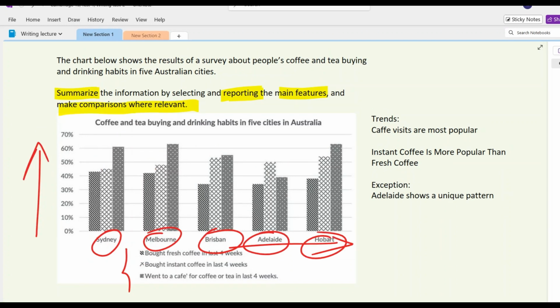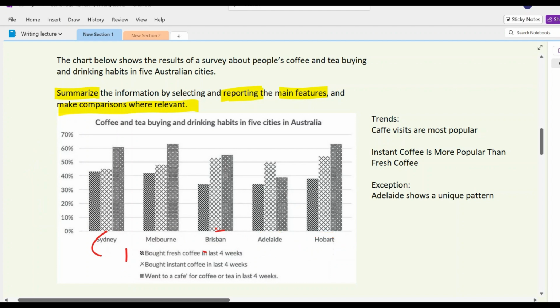So it sounds very complex to understand, isn't it? What we really need to do is start with the trend and exception of this bar chart. So we will think about the trend and exception of it. The trend here is cafe visits are most popular activity.